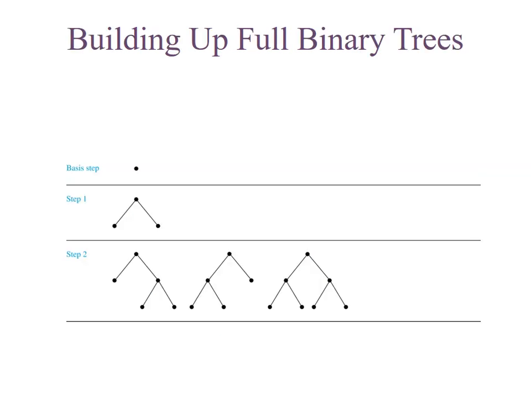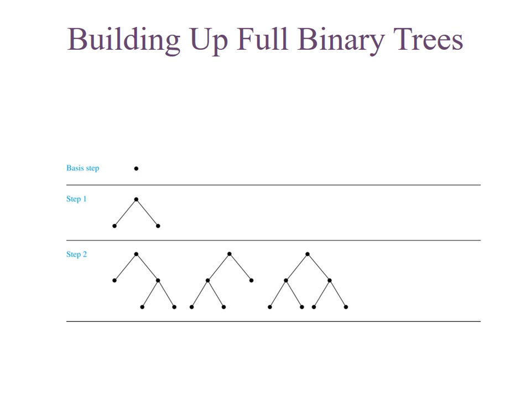So let's see this process of how we build different full binary trees. For the basic step, we have only one vertex R. And then this R is a full binary tree. So it can be used as T1 and T2 to construct a new full binary tree.